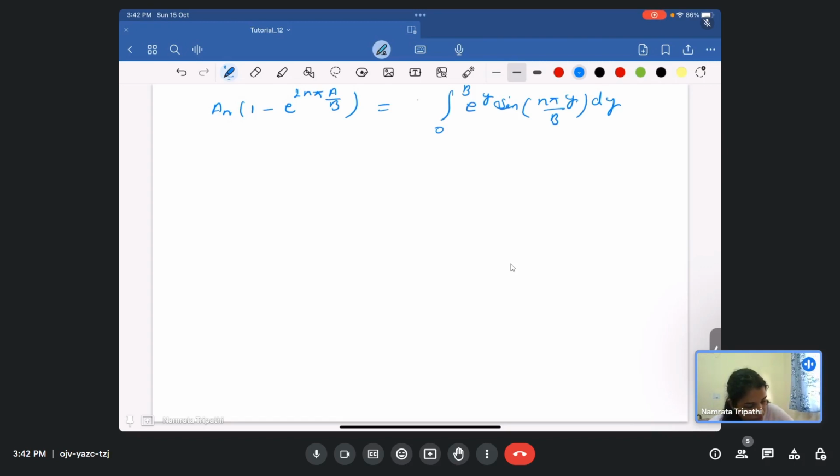So the value of integration b by 2. So I'm writing 2 by b. Now we have to integrate. So what is the formula for integral of e to the power ax sine bx? e to the power y.